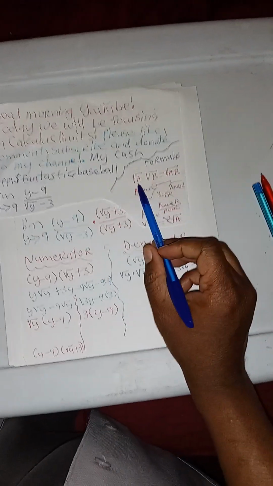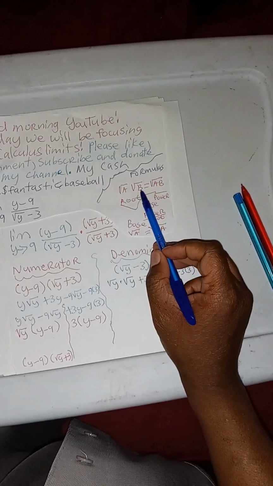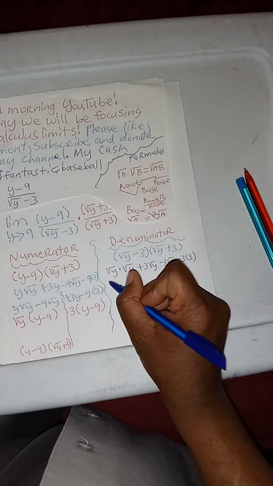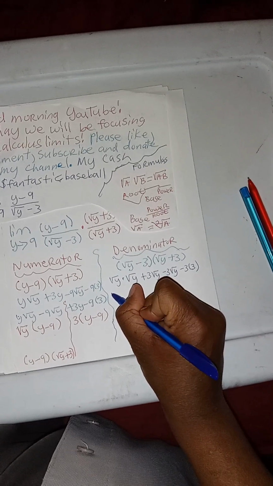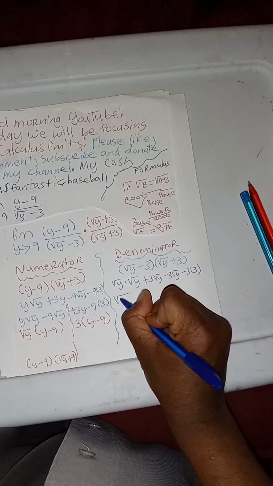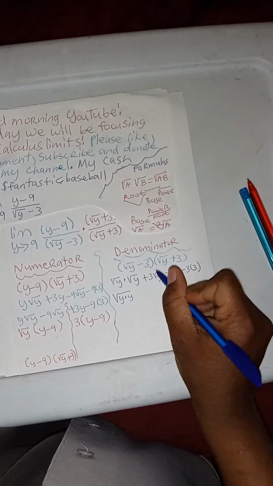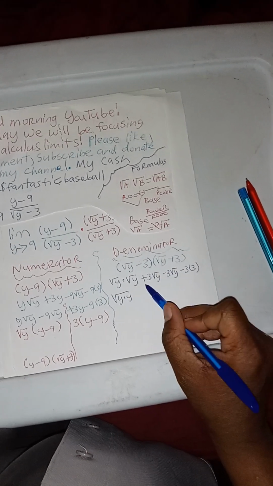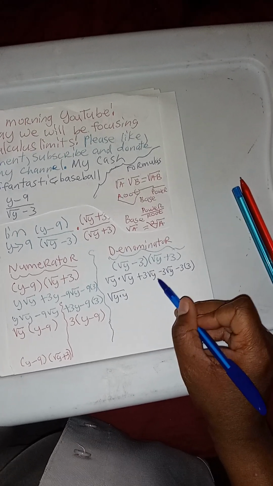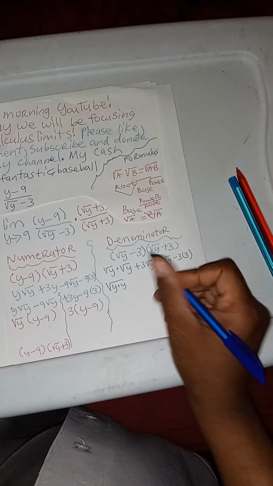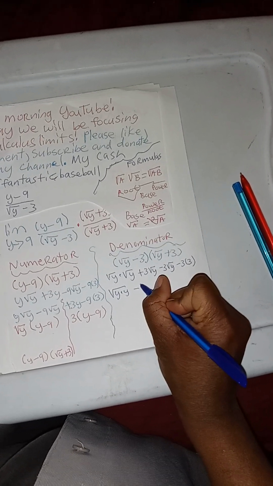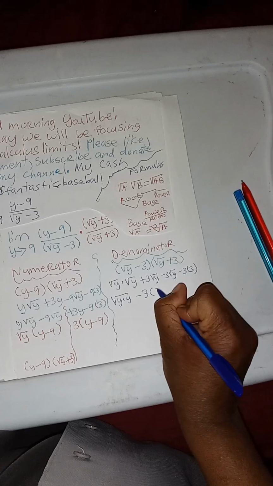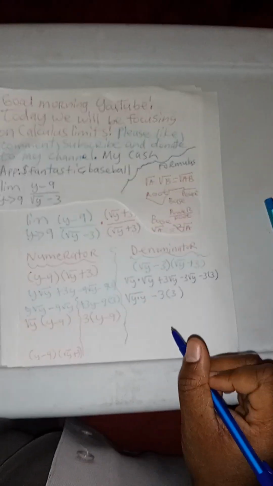And then we need to follow the formula of the square root of a times the square root of b is equal to the square root of ab. So square root of y times square root of y is equivalent to square root of y times y, and then plus 3 square root of y minus 3 square root of y will cancel out. So it'll be minus 3 times 3. Okay.